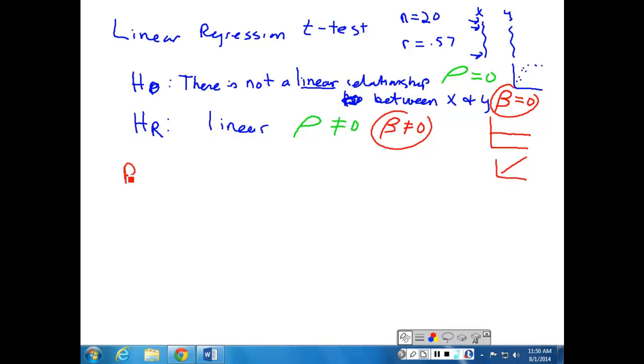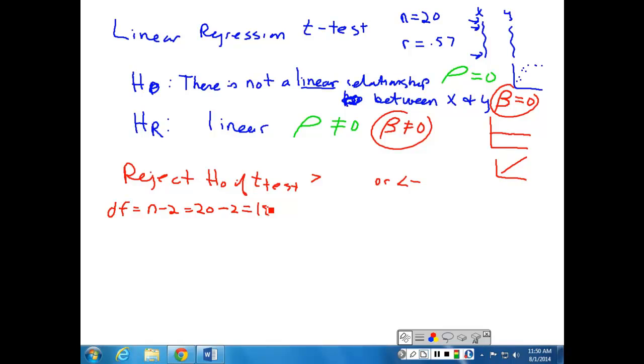We're going to reject H0 if the t-test statistic is greater than some number or less than minus that same number. So now we're just back to the good old t-table. Except for now, the degrees of freedom is equal to n minus 2, which would be 20 minus 2 in this one, or 18 degrees of freedom. The reason it's minus 2 is you're actually computing two sample standard deviations, one for the x's and one for the y's.